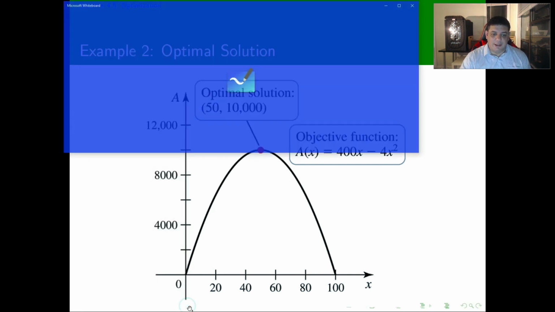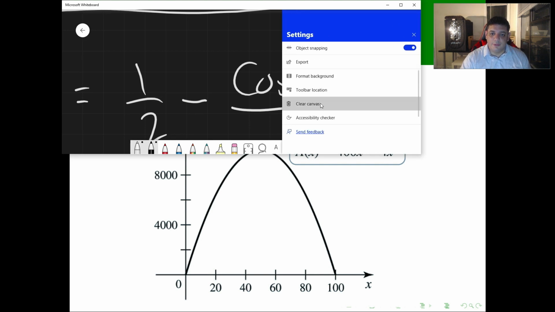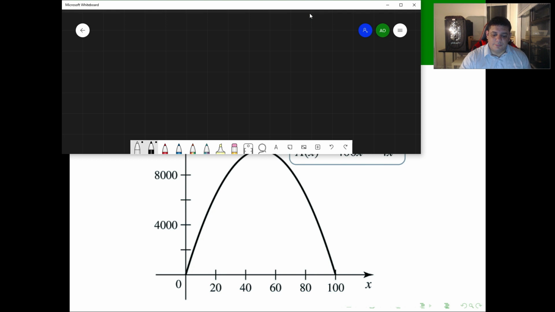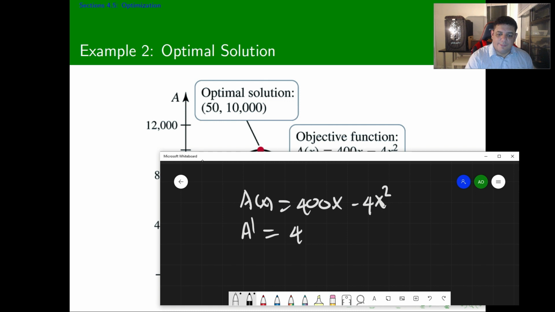And let me get the board so I can show you. So that'll be A of X, 400X minus 4X squared. The derivative A prime is 400 minus 8X.